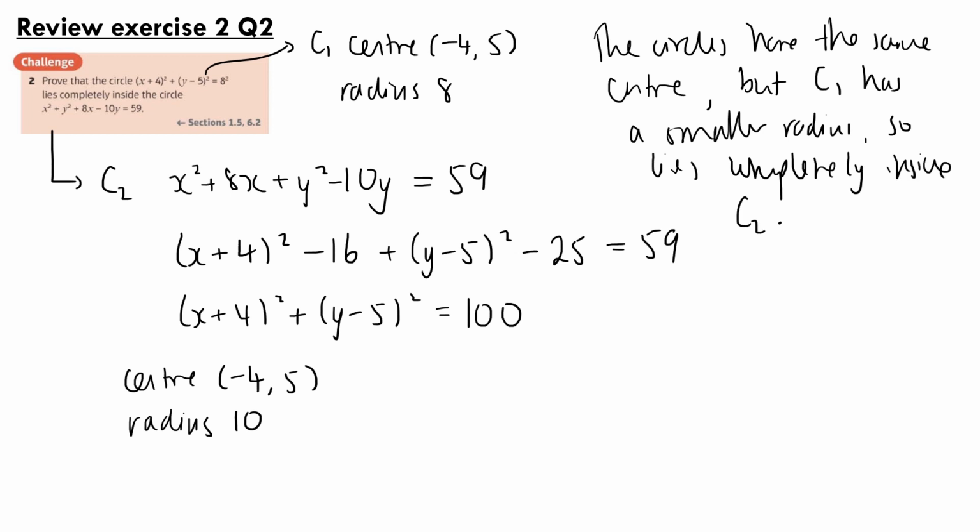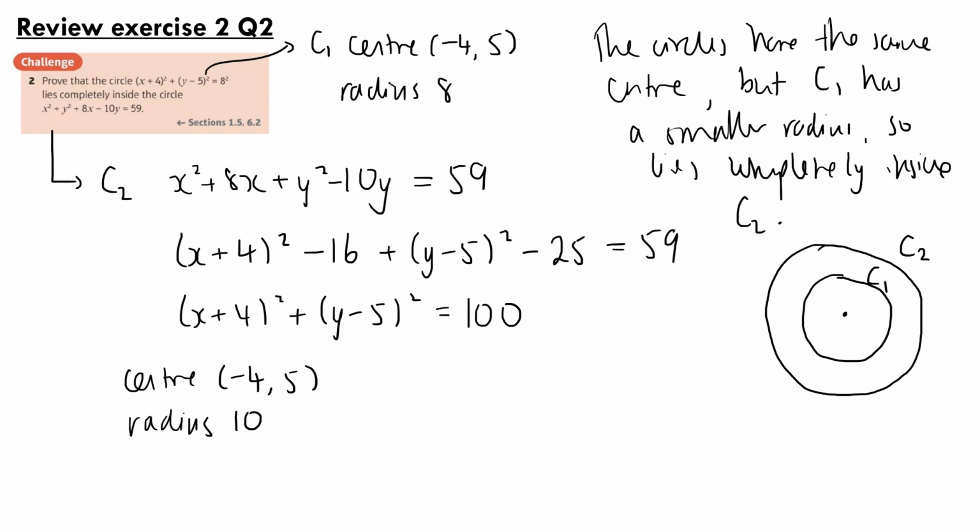And we call these two circles concentric because their center is the same, but their two radii are different. So they'll look something like this, like pond ripples. And so you can see if this is C1 and this is C2, C1 lies completely inside C2, as the question asked us to prove.